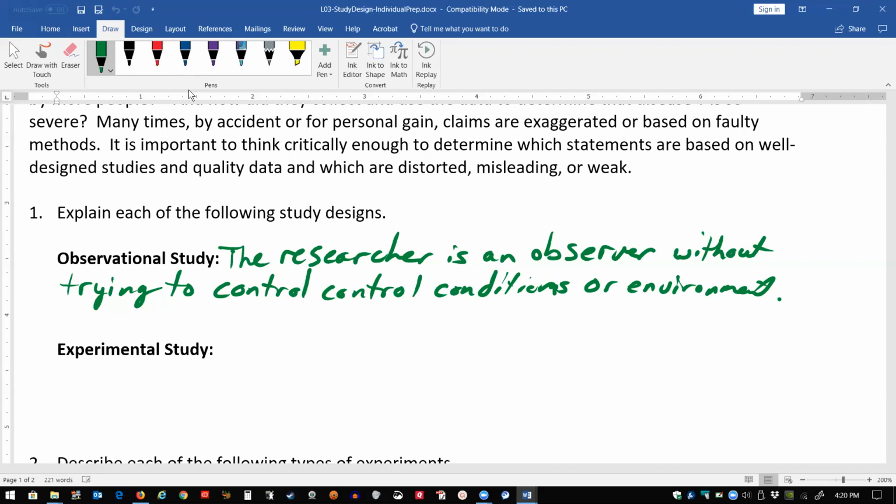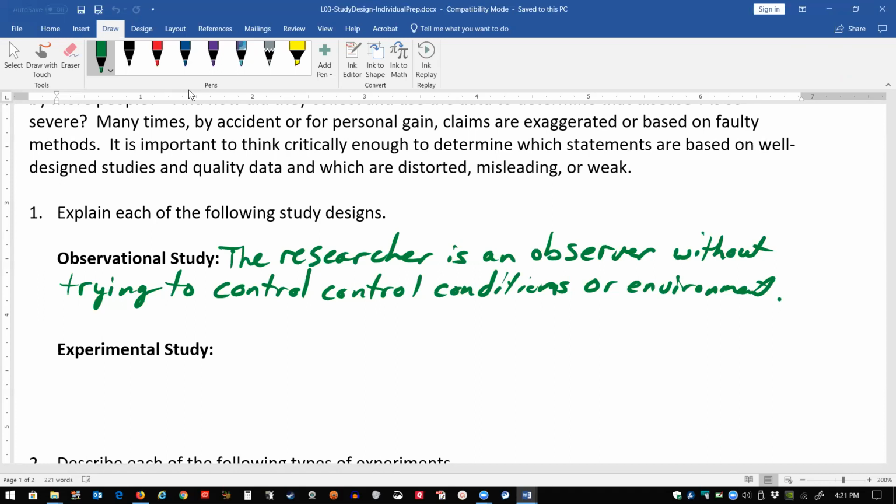So an example of an observational study would be something that I did way back in the day when I was taking driver's education. I remember one of our assignments was to sit at an intersection and just record for each car whether it stopped completely at the stop sign or not.